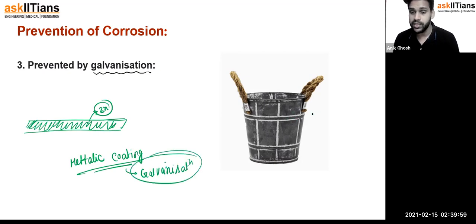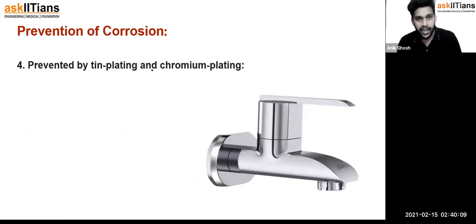As you can see in most iron objects, we give them a coating of different types of metals. You can use tin plating, or tinning, chromium plating, or nickel plating. All are the same, right?